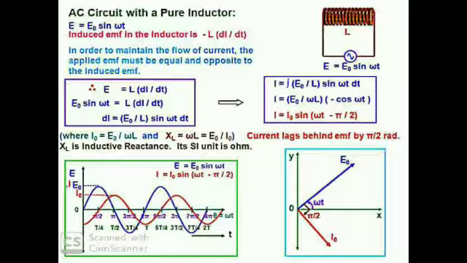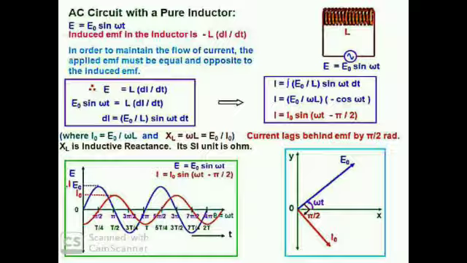Now from the applied EMF E equal to E naught sin omega t, and its resultant current through the inductor i equal to I naught sin omega t minus pi by 2, it is clear that the current in the inductance lags behind the applied EMF by 90 degrees.